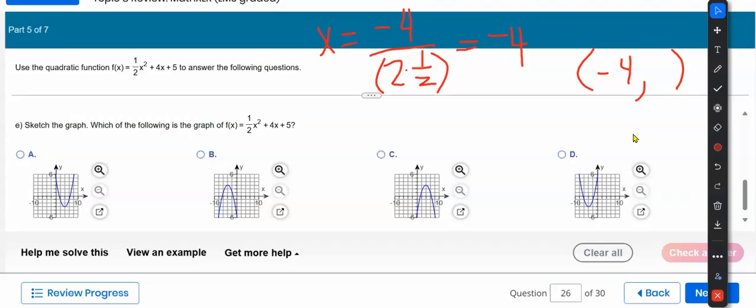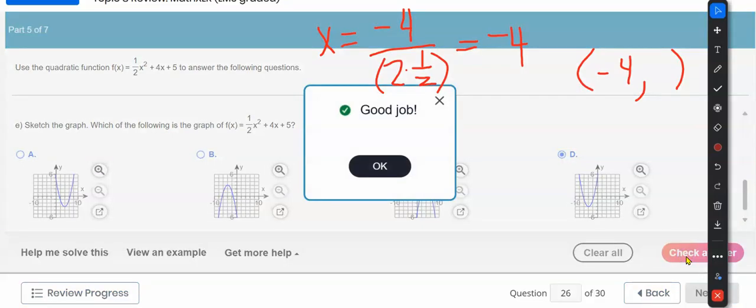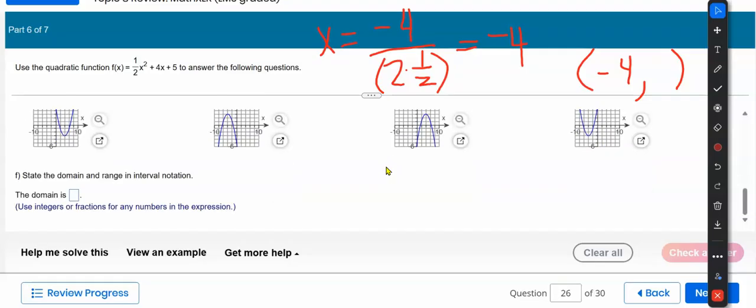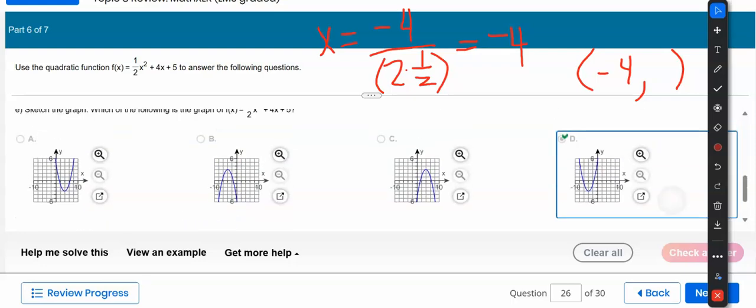So which one out of A or D went to the left? D. Yep. You can tell based on that first part of the coordinate of the vertex. Okay, so what's the domain for letter choice D?